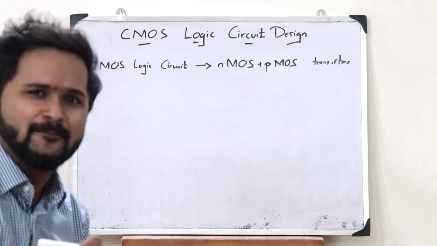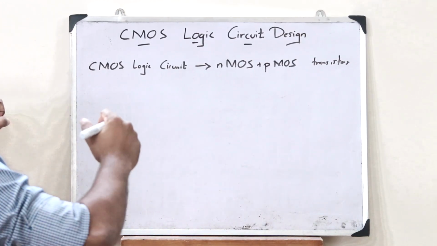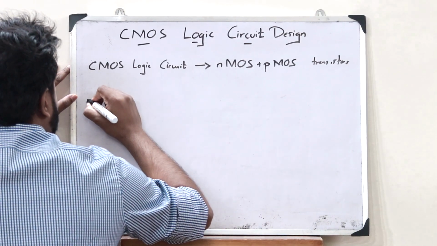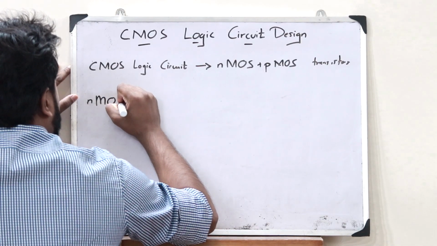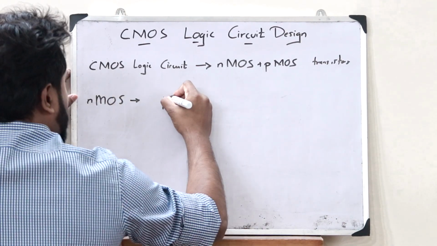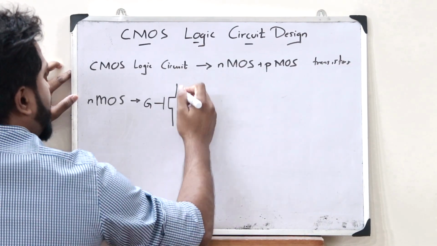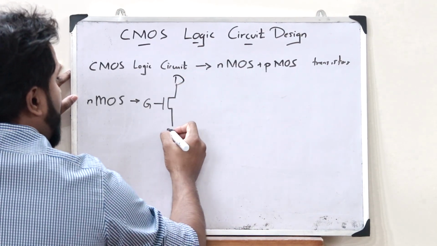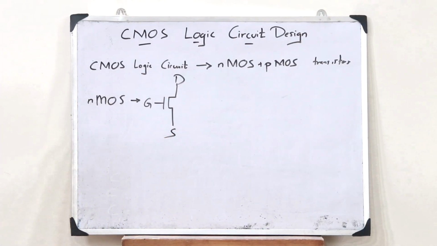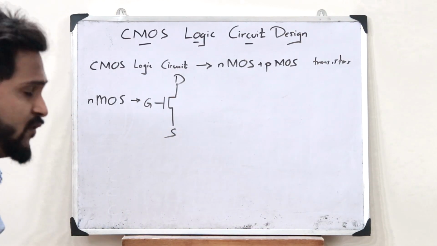Let me make that even more simple for you. We know that an NMOS transistor looks something like this. It will have a gate terminal over here, a drain terminal over here, and a source terminal over here. This is an NMOS transistor.